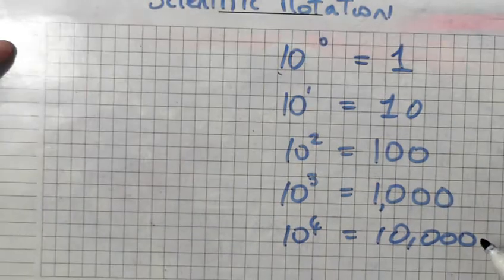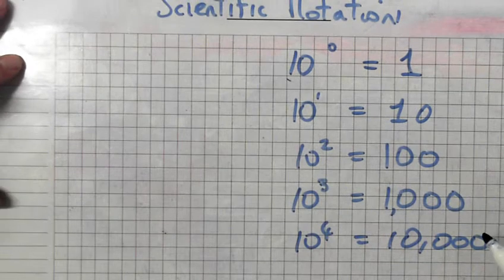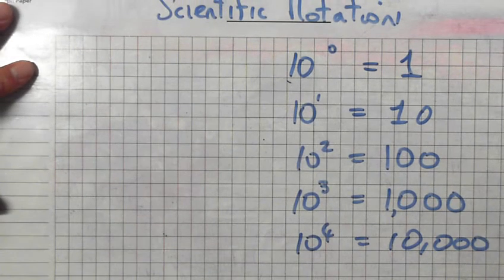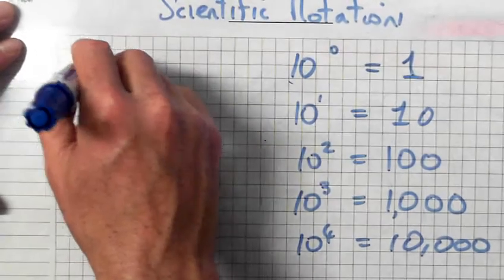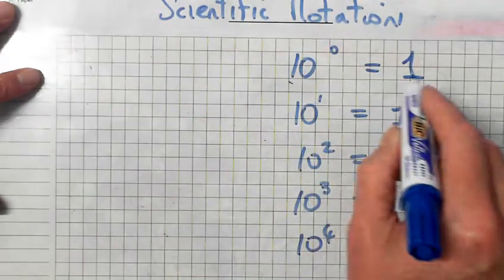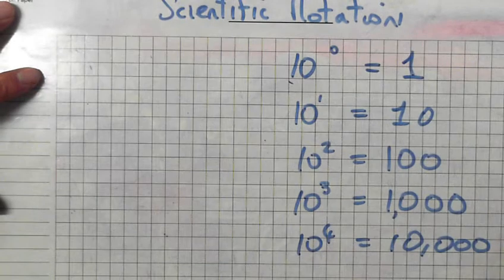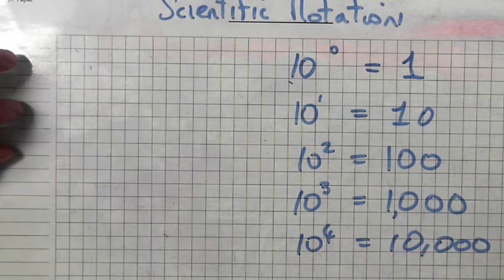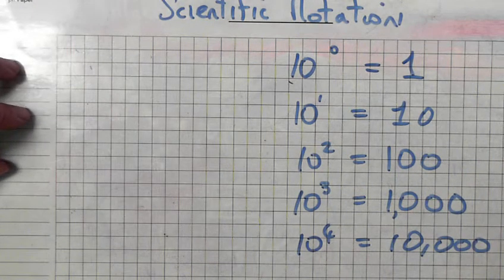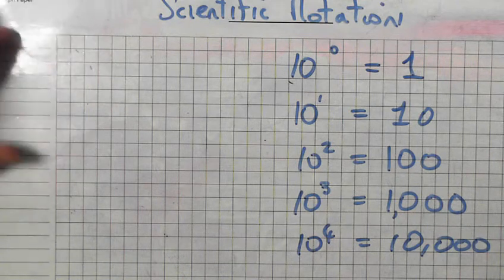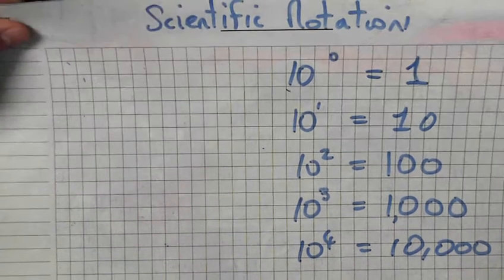Right. Okay. So watch this. So in scientific notation, on your calculator sometimes you have a really big, long number. So you have a very big number, and what you do is you break it down.